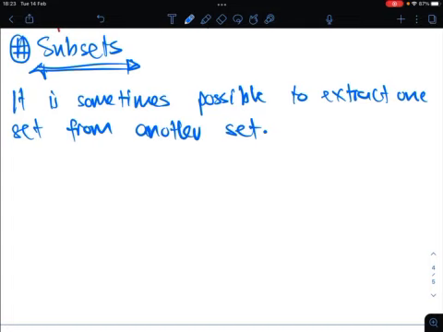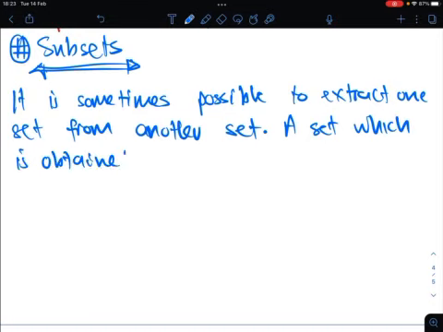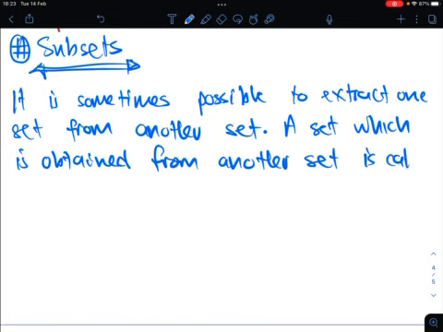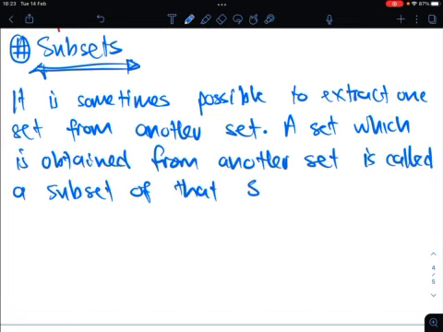A set which is obtained from another set is called a subset of that set. One of the things that you should know is that it is a set manufactured from another set.